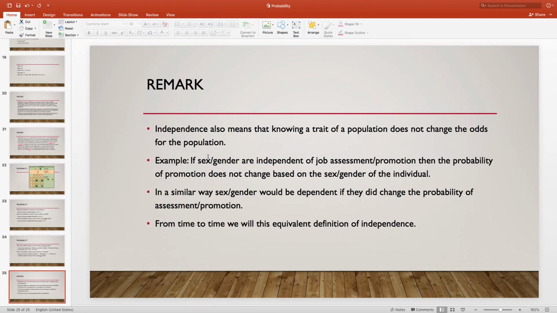So I just wanted to reiterate, independence means that knowing a trait of the population does not change the odds of the population. So, for example, if sex and gender are independent of job promotion, the probability of promotion does not change based on sex or gender.